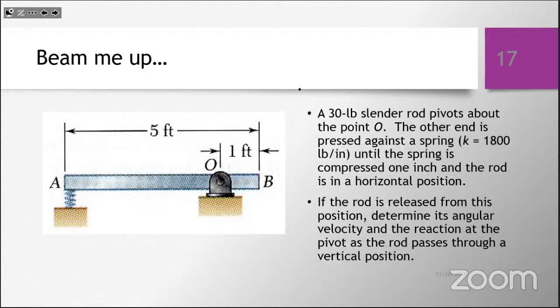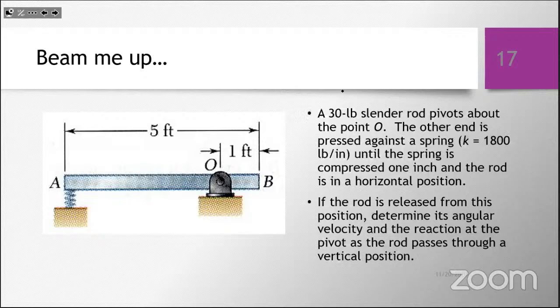It is. It's work energy, because we're asked to find a velocity and a force. And even better than that, we can actually use conservation of energy on this, because we're going to ignore any friction, any losses. We're going to assume that this is a conservative system because we weren't explicitly told that it wasn't.